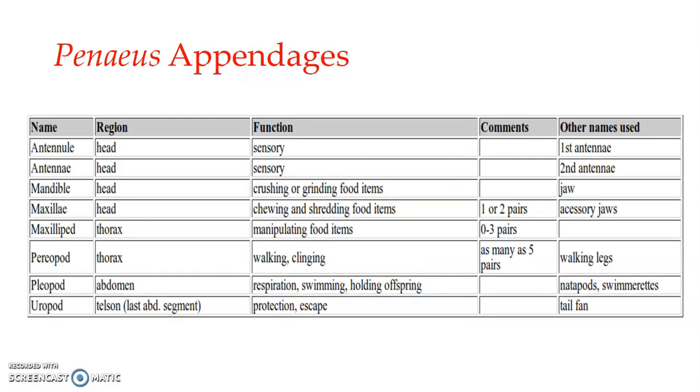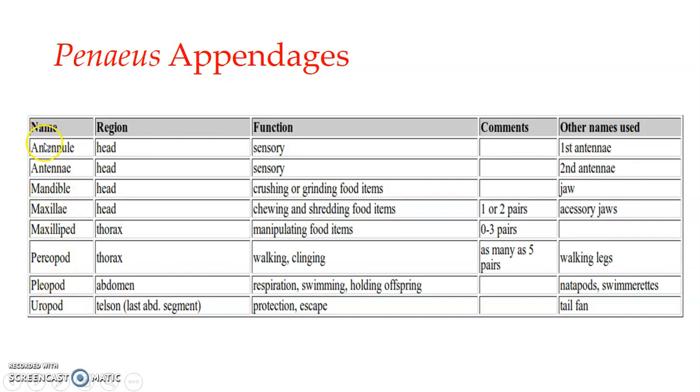Okay, so this is about the Biramous appendage. Now we have to move on to the different appendages. What is the function? What is the structure? You have to learn it in detail. Now you can see here, these are the different kinds of appendages.